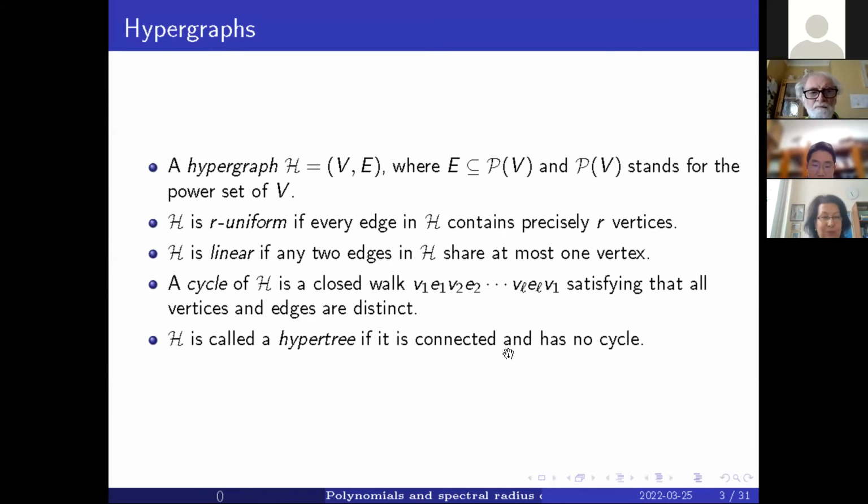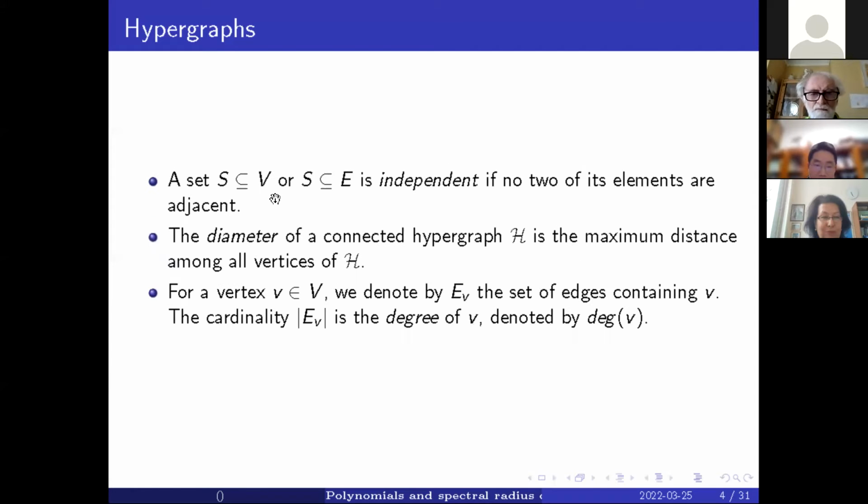A similar definition holds for graphs. A vertex subset or edge subset is called independent if no two of its elements are adjacent. The diameter of a connected hypergraph is the maximum distance among the vertices of the hypergraph H.